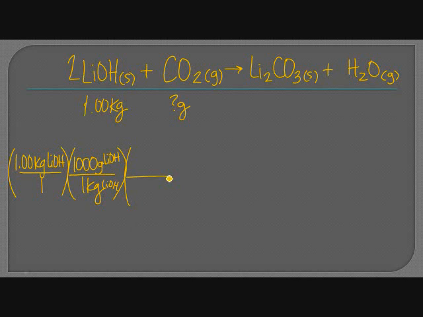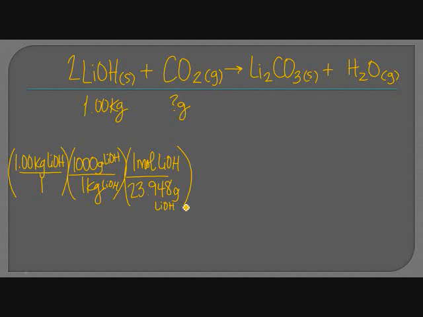So to get it to be moles, we divide by molar mass, and we're dealing with the LiOH right now. So the molar mass of LiOH, I found it to be 23.948 grams of LiOH. Okay, now after we get to the moles of LiOH, now we need to switch moles.